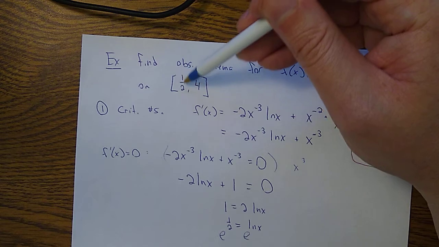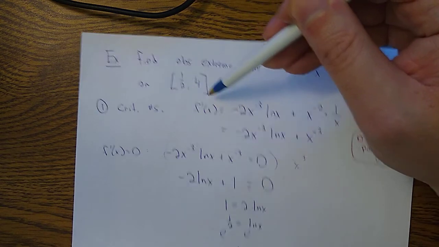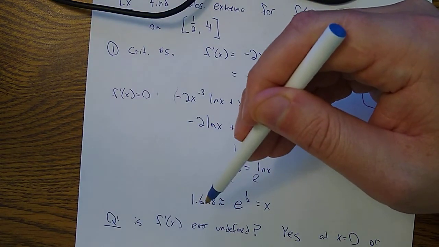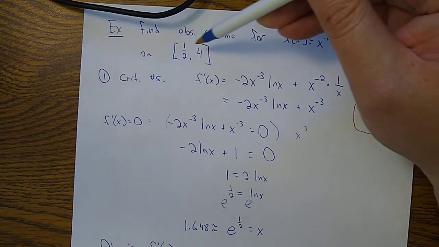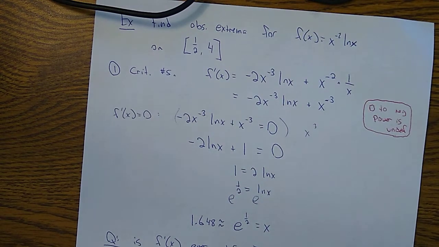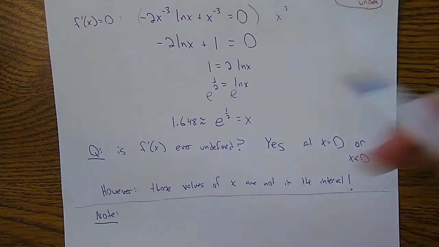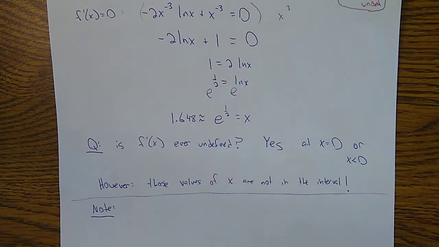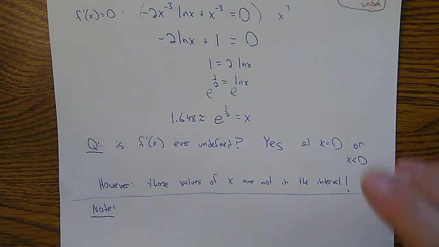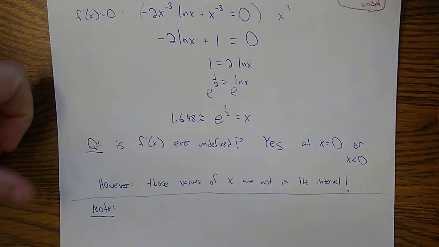This includes all numbers from 0.5 all the way up to 4. So 1.6 whatever would definitely be within this interval. So I'm just demonstrating to you that this critical number is something that we have to worry about. In other words, it is in the interval.